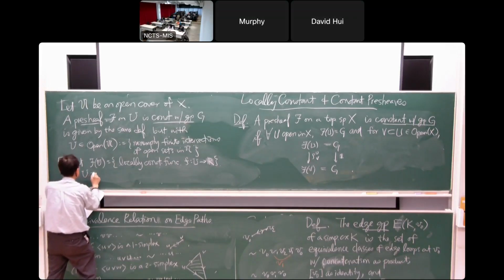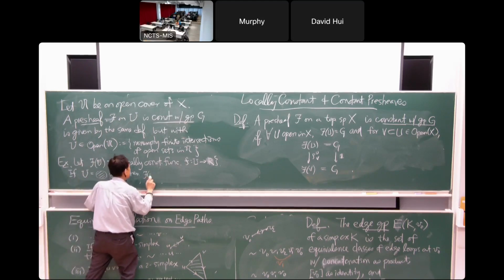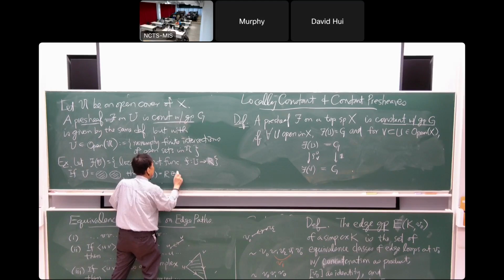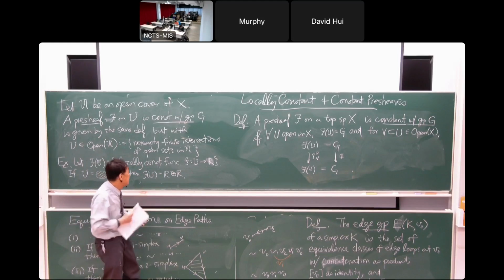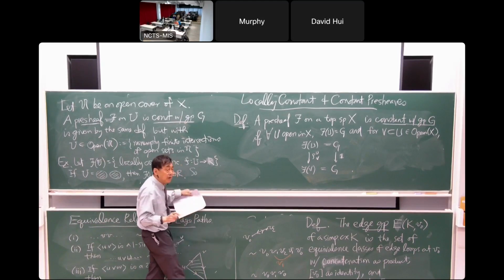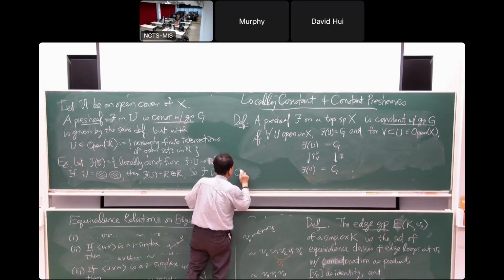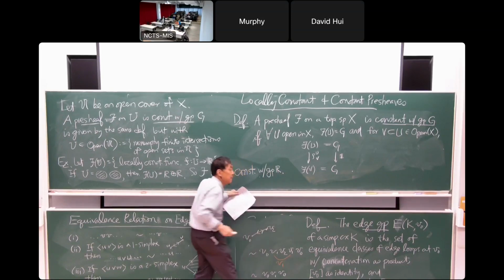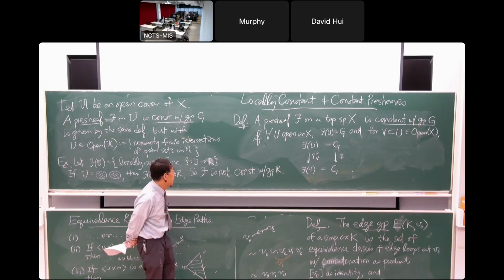So if U has two connected components, then F of U is R plus R. And if U has one connected component, then F of U is just R. So this is not constant with group R. Okay.